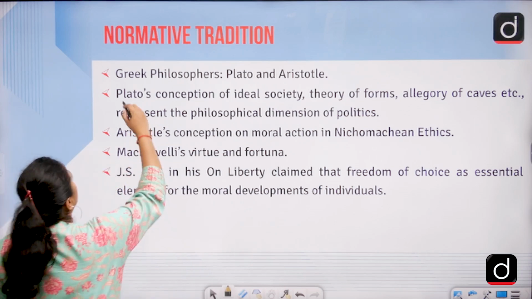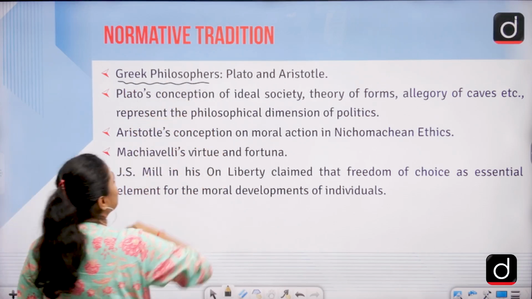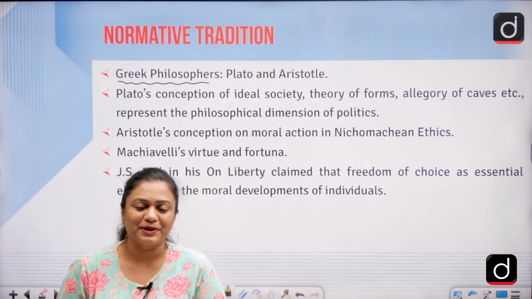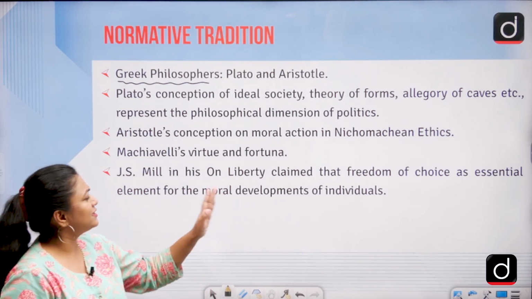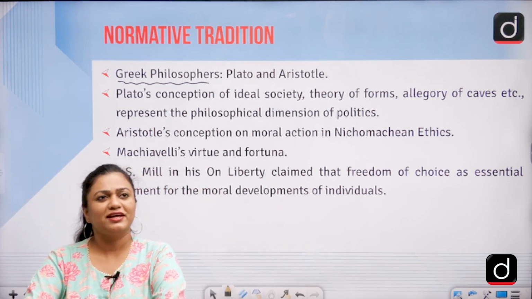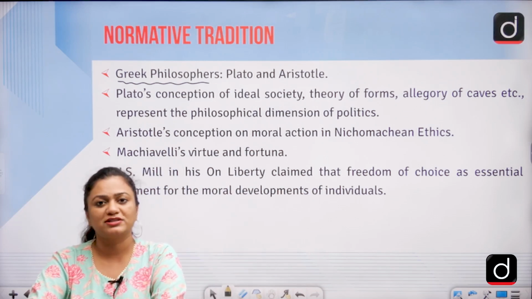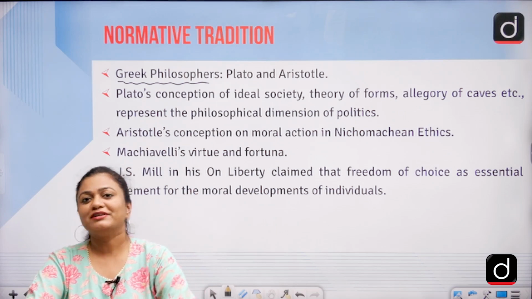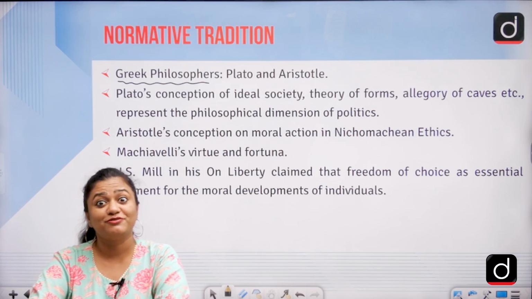First of all, we have to start with the Greek philosophers like Plato and Aristotle. If you go back to whatever you have studied in your bachelor's and master's, Plato's ideal state, the philosopher king, the ideas of virtue.